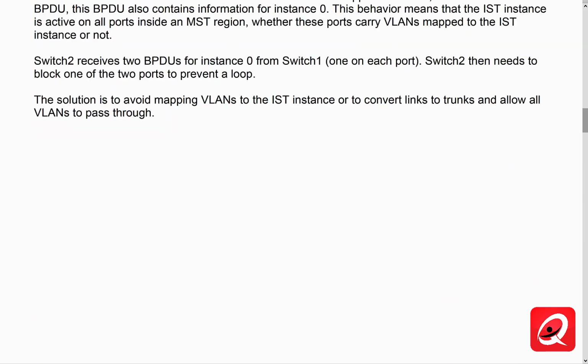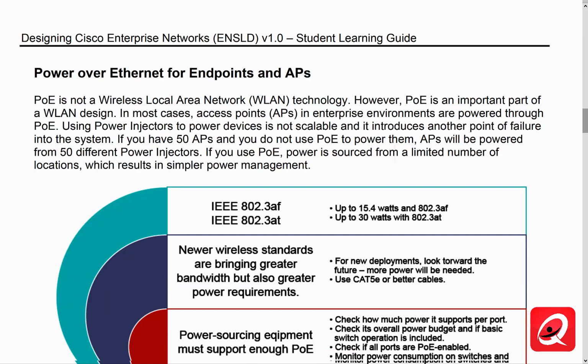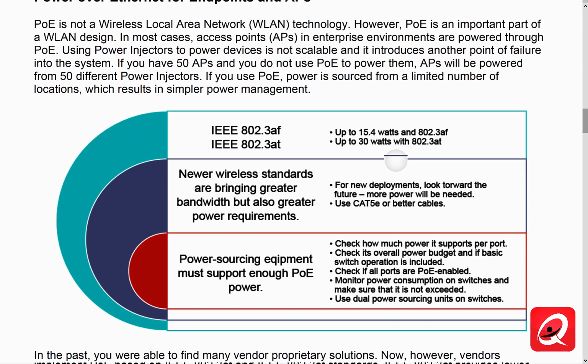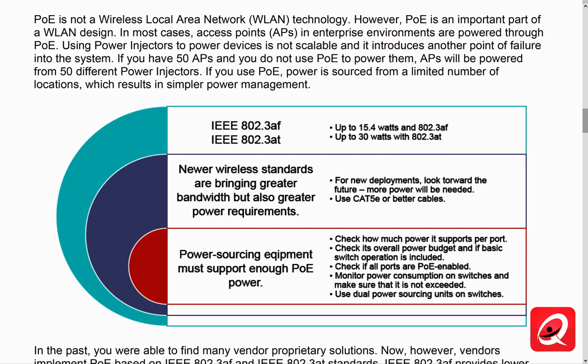All right. Another consideration in an enterprise LAN environment is power over Ethernet. Now, power over Ethernet has been around for quite some time. Cisco has been doing power over Ethernet for a long time, and it's not really anything new. We understand what the concept of power over Ethernet is, right?